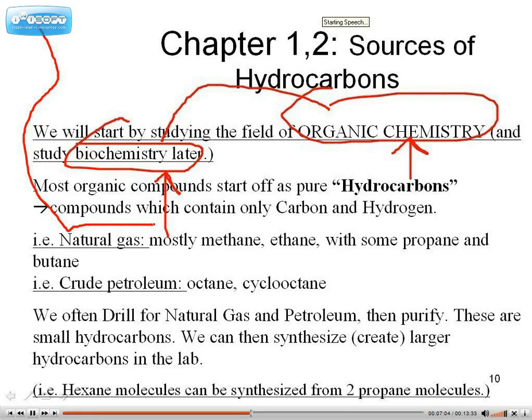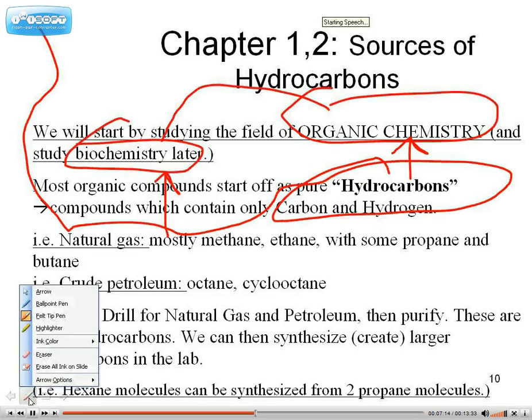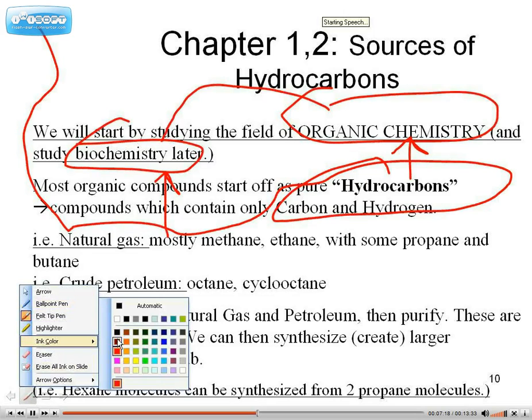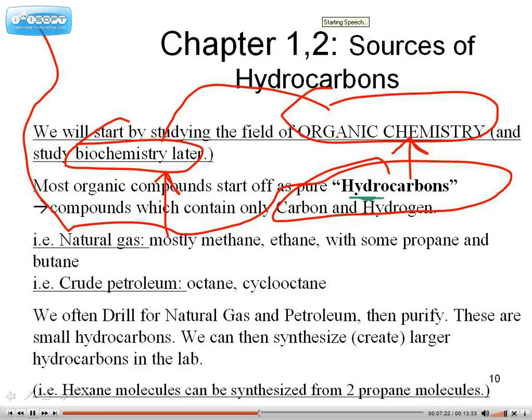Now, focusing on organic chemistry, we have several names for different types of organic molecules. The first name is hydrocarbon. So let me change colors just because red's getting boring. How about green? The hydro part, what I'm highlighting here, refers to hydrogen, and the carbon refers to, go figure, carbon.